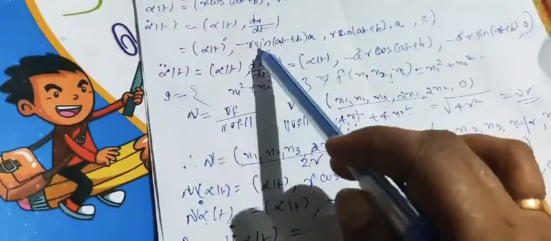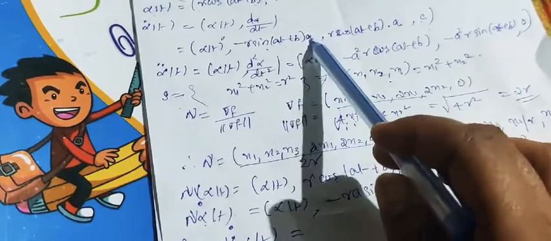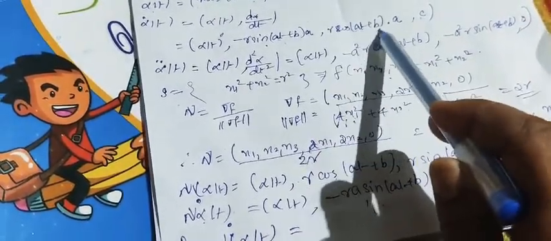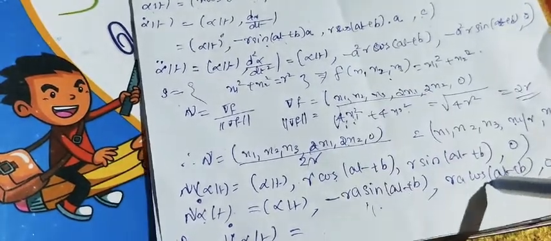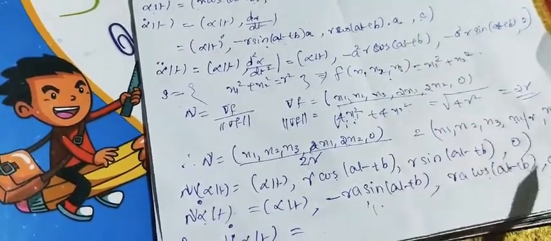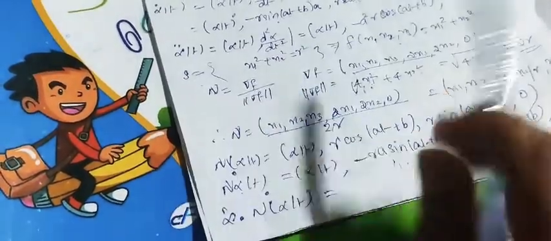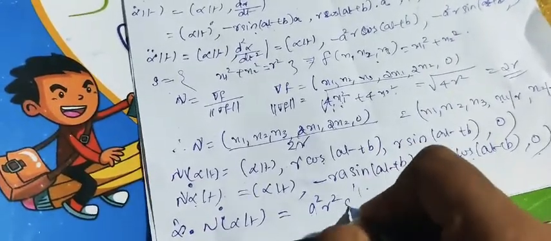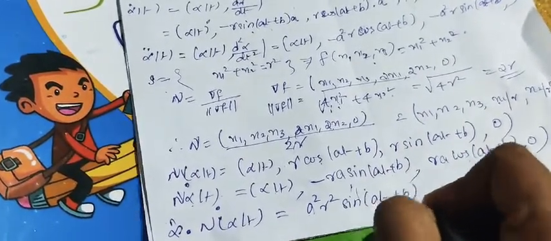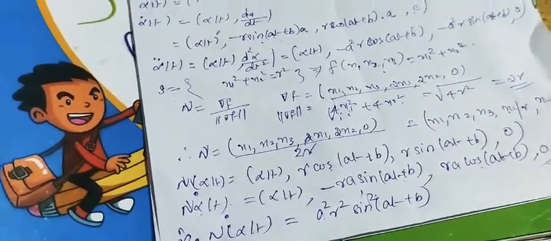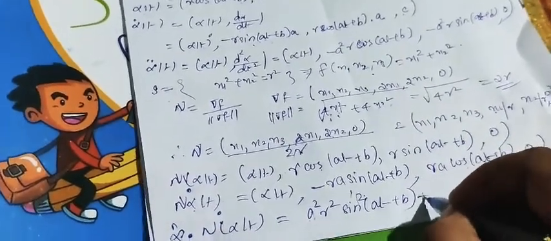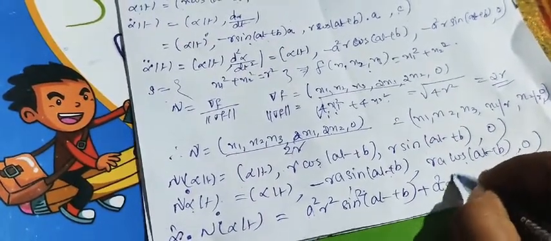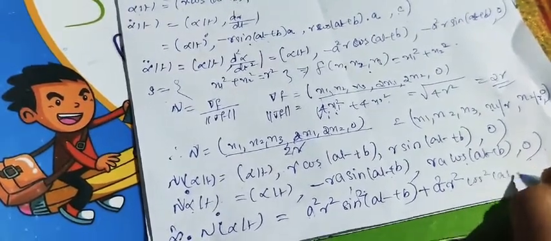Dot product is scalar product. So minus r sin of at plus b, a into this one, plus r cos of at plus b into a into this one, plus c into 0. So minus is positive: a square r square sin square of at plus b plus a square r square cos square of at plus b.